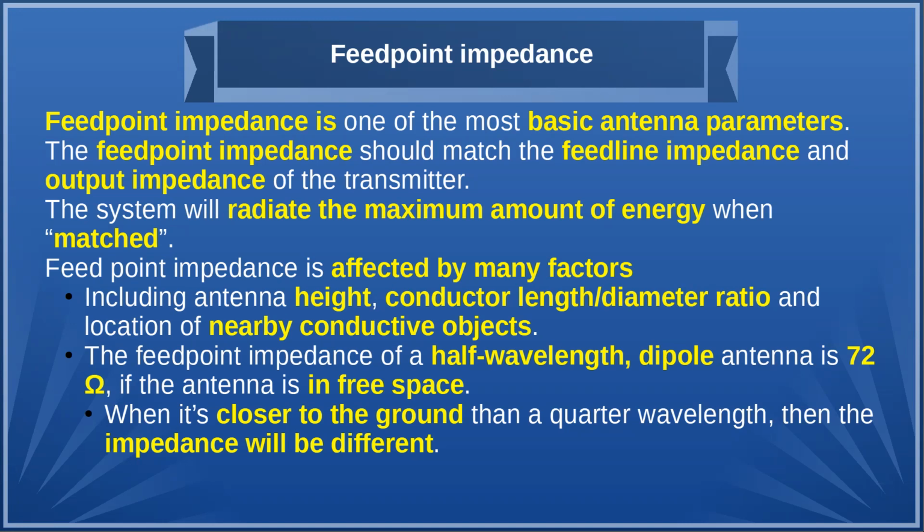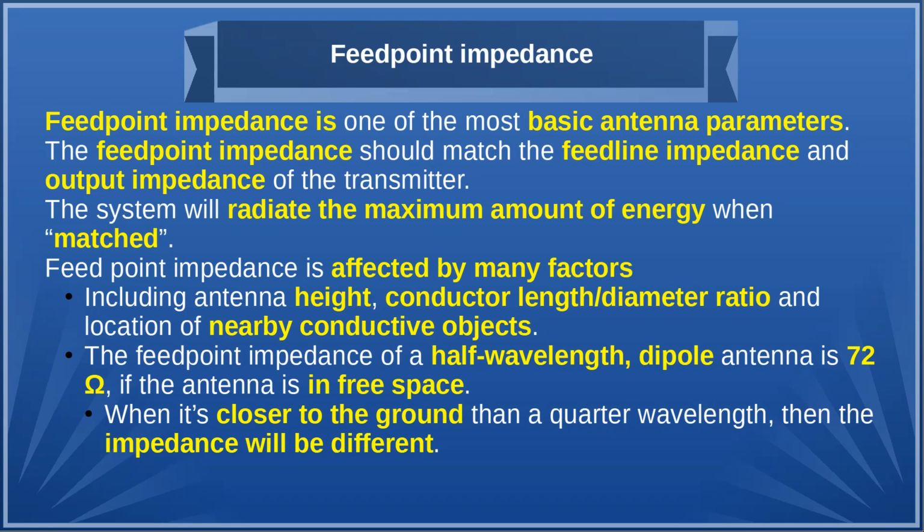Okay, so the free space impedance of a half wavelength dipole is claimed to be around 72 ohms. I've seen it where it's 73 plus some little bit of reactance, but that's in free space.